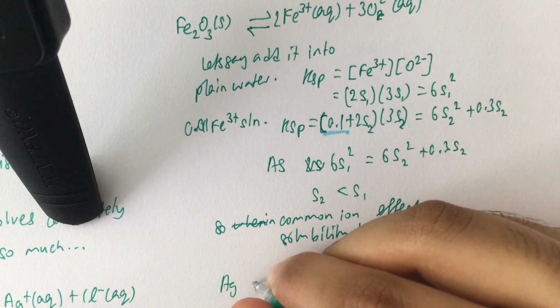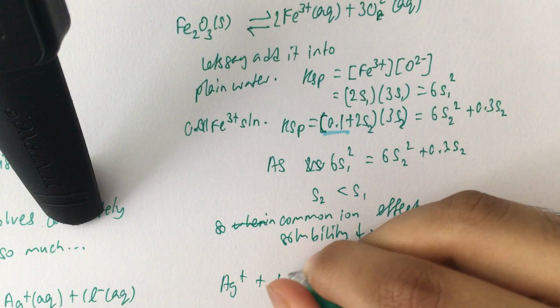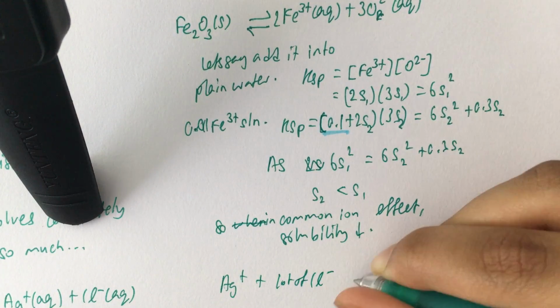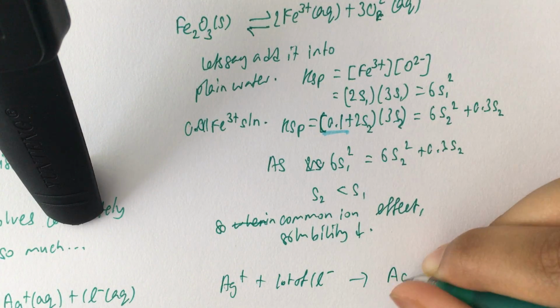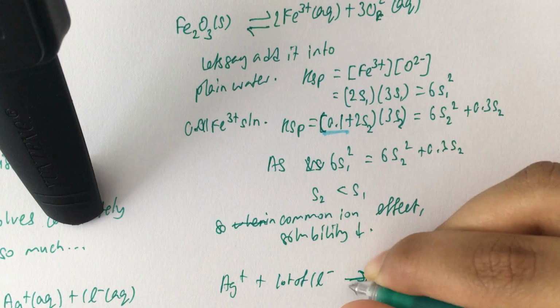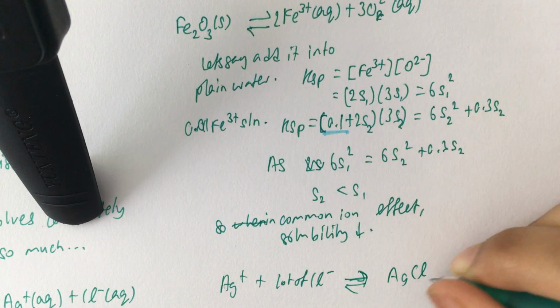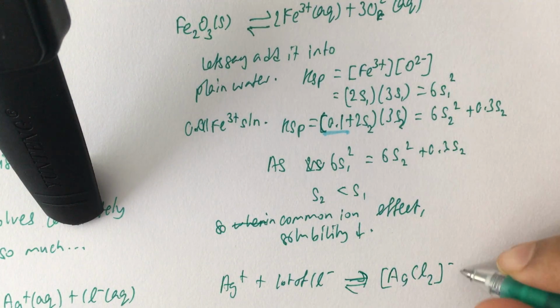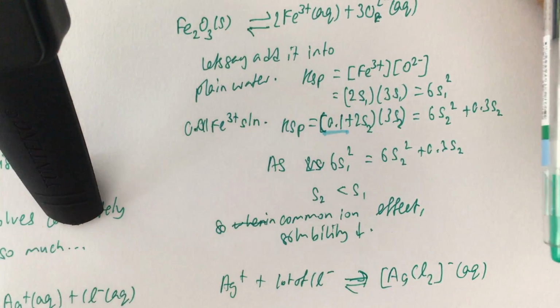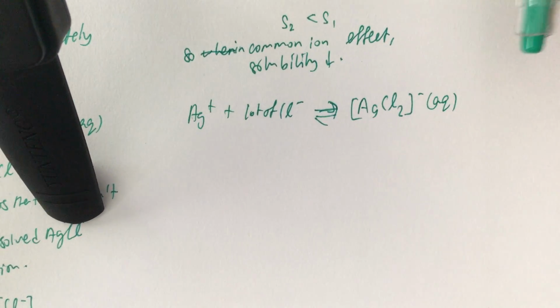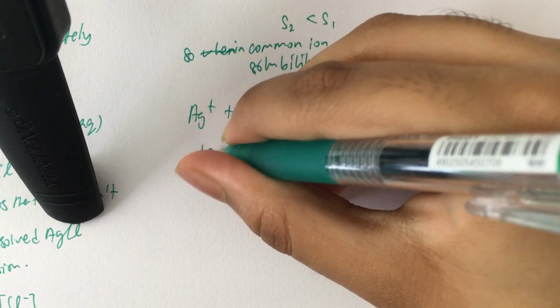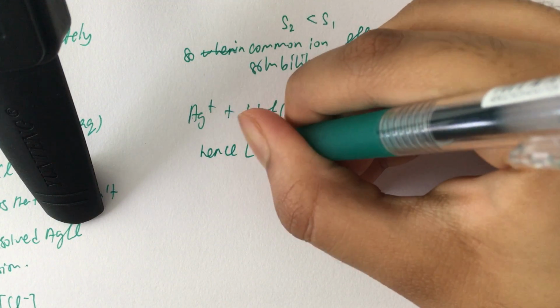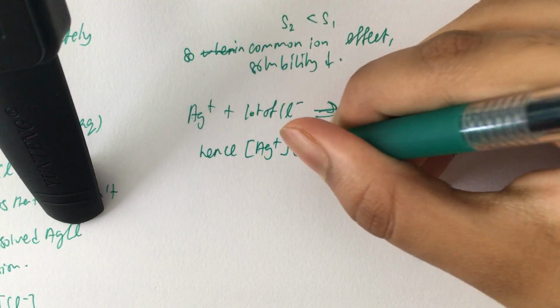Because of that, it actually becomes more soluble. The solubility increases because a lot of it has been used up into this other ion that is soluble. So now the free Ag plus ions and Cl minus ions have decreased, and therefore more of the AgCl can dissolve.